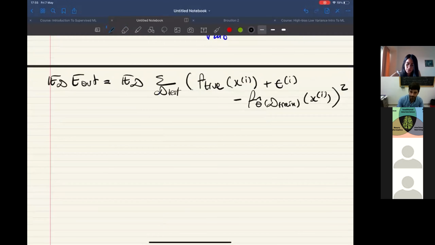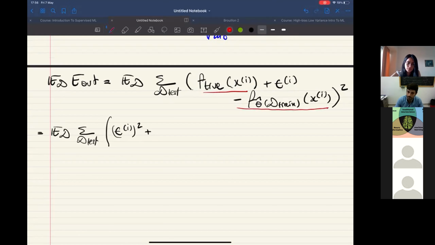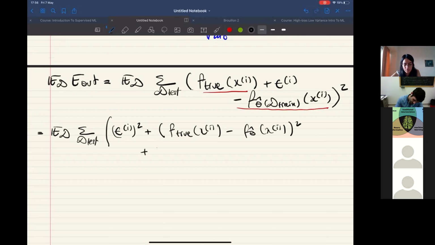Now I'm developing the square, and I obtain epsilon i squared, plus this term to the square, where I no longer write that theta depends on the training data, but keep it in mind, plus 2 times the noise times this difference.